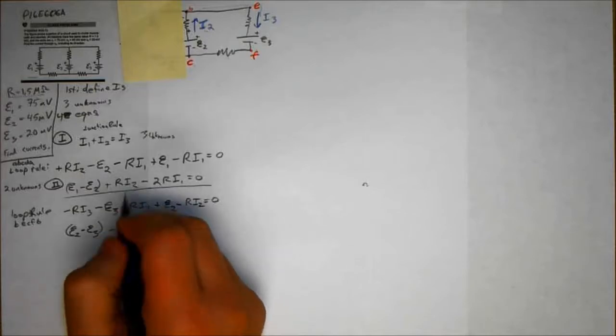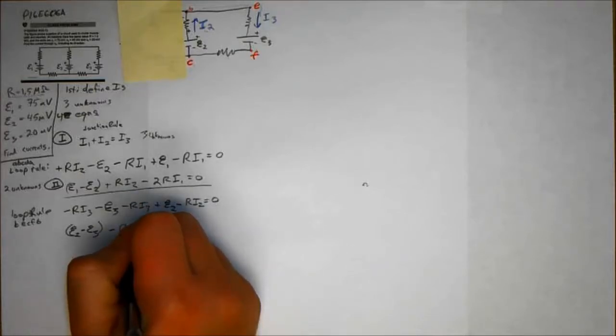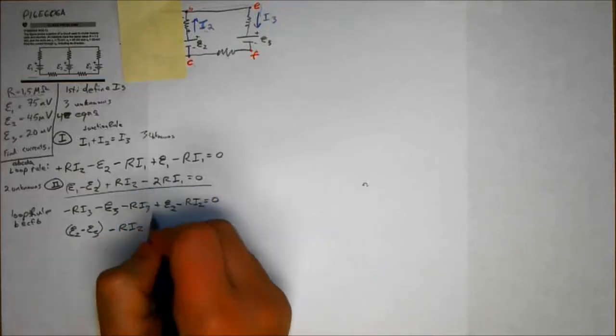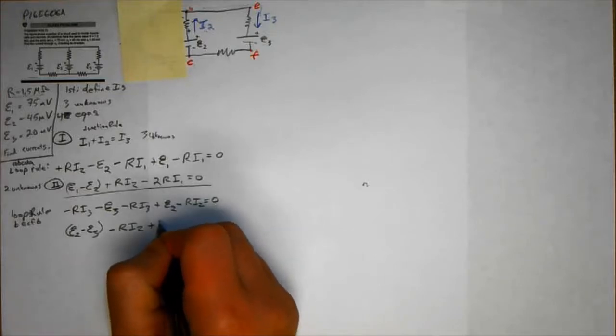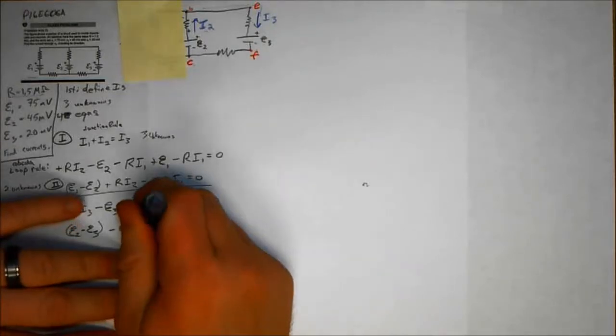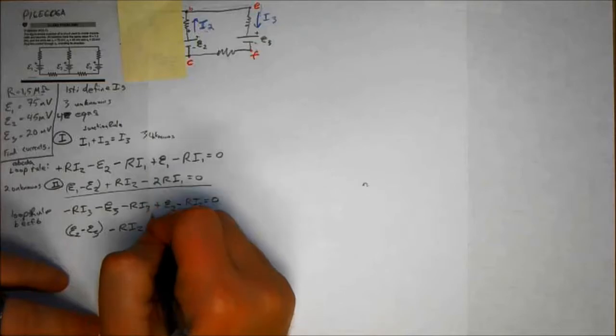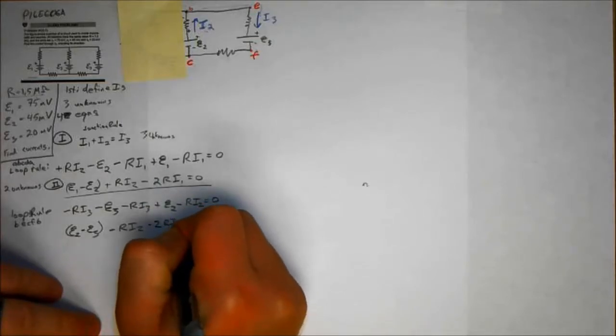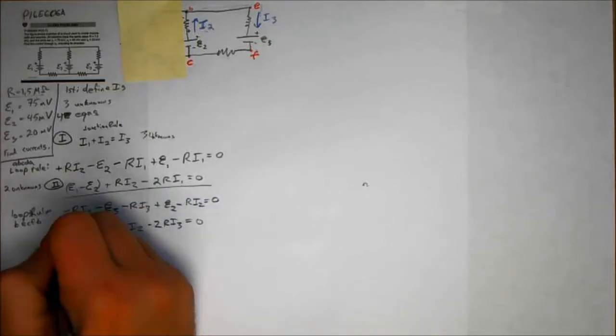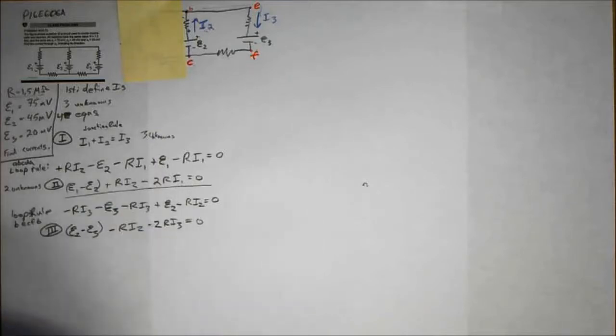Minus RI2, minus 2RI3 equals 0, and I can call that equation 3. I can stop right there. I've got 3 equations and 3 unknowns.